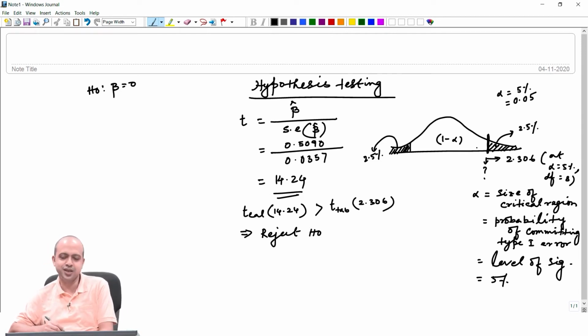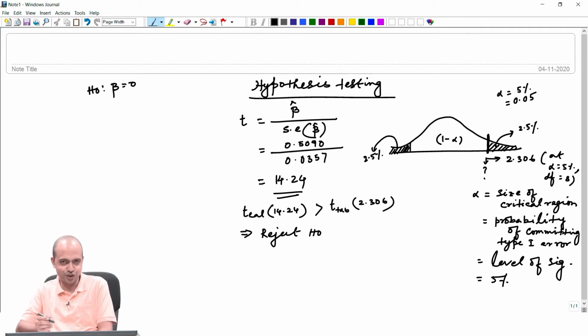The answer is yes, because if you increase the size of this critical region, then obviously it would be easier for the calculated value to enter into the critical region.